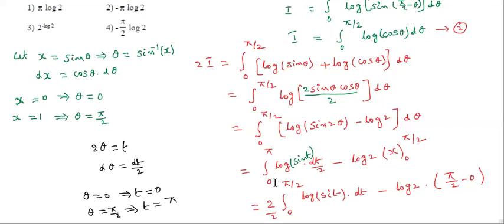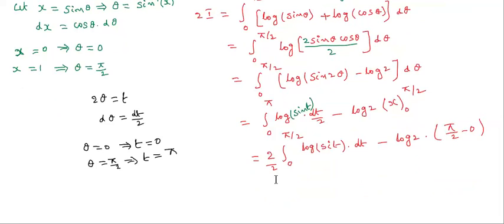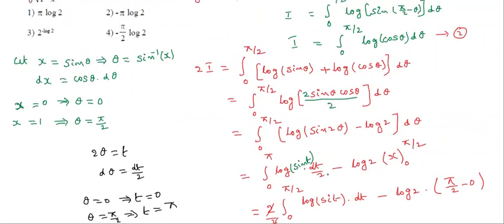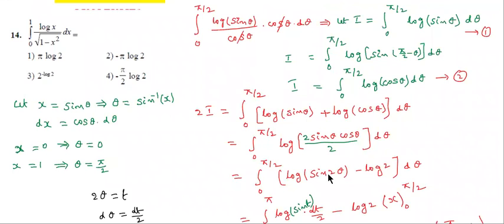So observe here, left hand side 2I is there. Now right hand side, the 2s cancel. Observe that 0 to pi by 2 log sine t and 0 to pi by 2 log sine theta d theta, both are the same, only the variable is different.